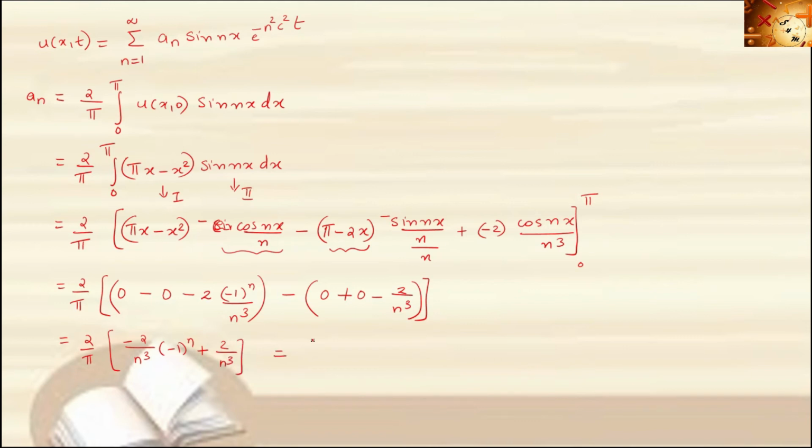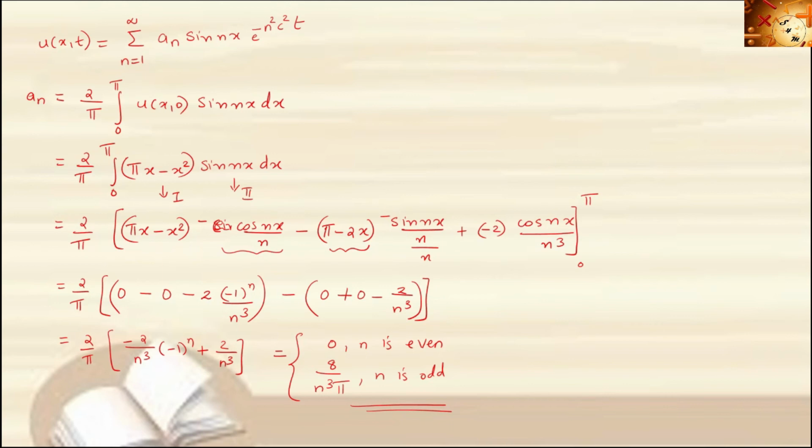This is equal to 0 when n is even, and if n is odd, this will be 2 times. So the answer is 8 divided by n cube pi when n is odd. So this is the value of an.